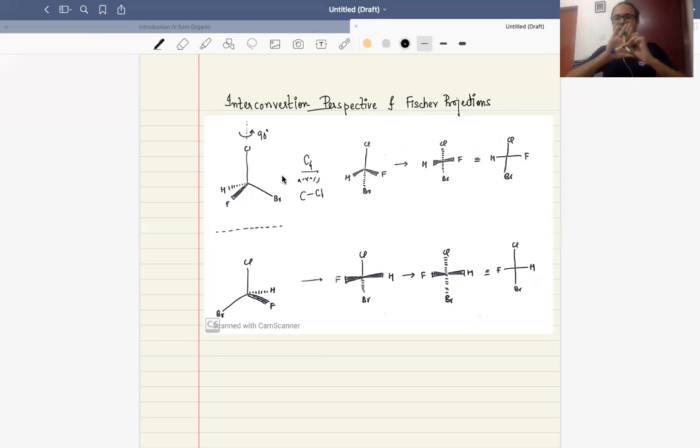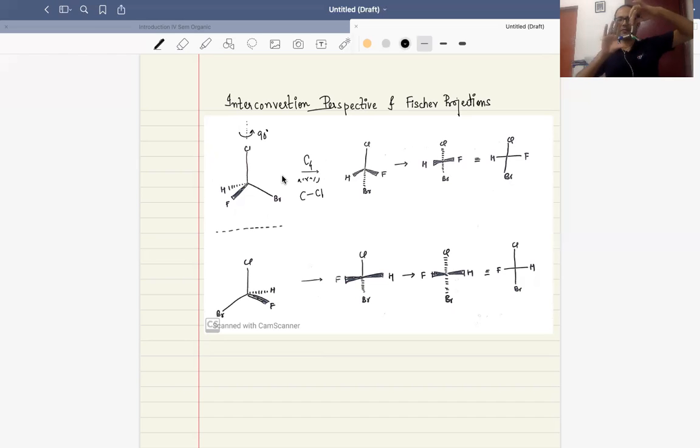In order to draw the Fischer projection formula, I have to bring the Cl and Br to the back side of this plane. To do it comfortably and understand it on a two-dimensional plane, I'll rotate across this Cl C bond, that is this bigger green and this black C bond, by an angle of 90 degrees in a backward direction. When I rotate it backward, what happens?